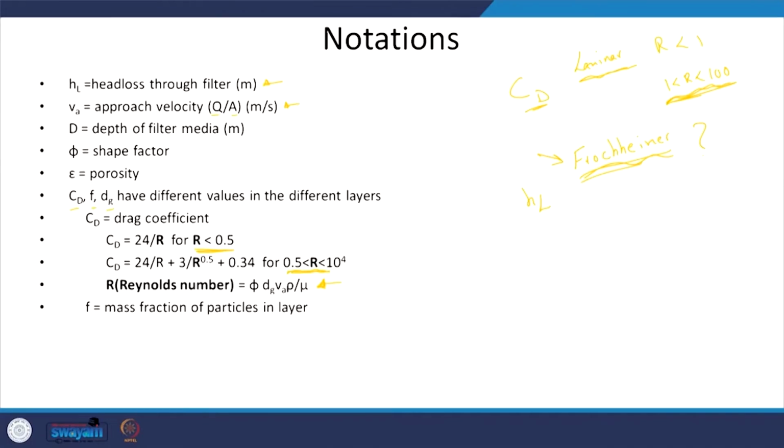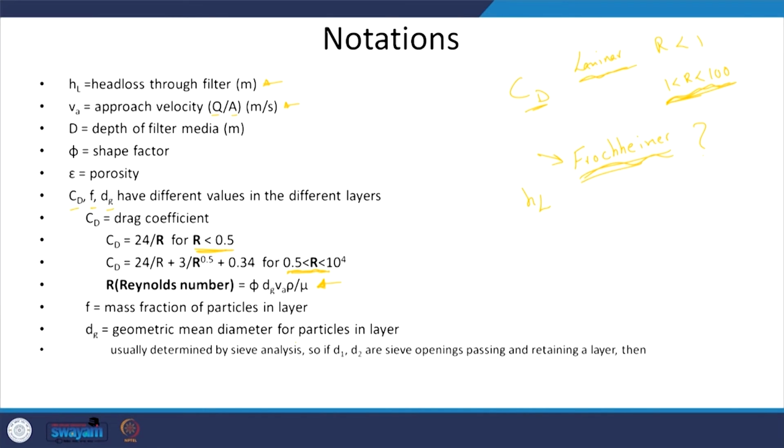So, this f is the mass fraction of particles in the layer. As I mentioned, d with the subscript g is the geometric mean diameter of the particles in the layer. So, when we say by sieve analysis, d1 and d2 are the sieve size openings and they retain a layer, then dg is equal to the square root of d1 d2.